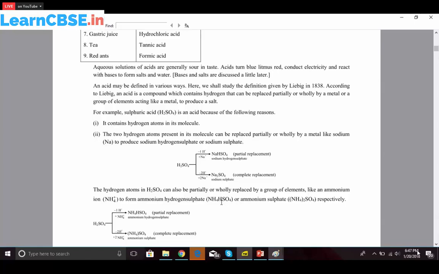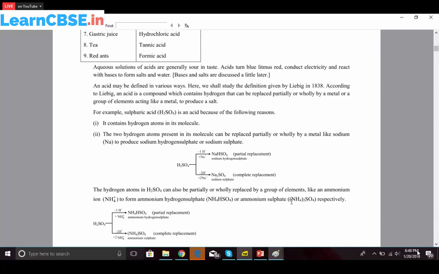Suppose the other hydrogen is also replaced by NH4 plus, so we get NH4 twice. This is a compound ion, and NH4 has a plus 1 charge. So if you want to write the 2, we should not write it just for the hydrogen. We have to place the whole in brackets, then write (NH4)2SO4.